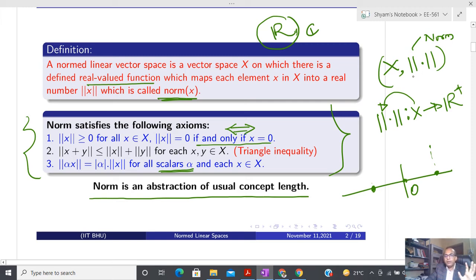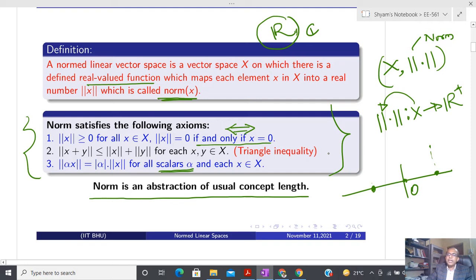Okay, now one simple question I am going to ask, and that is obvious also. Could you please tell me how many different ways I can define the norm? Anyone? Have you understood my question or not? I am saying that the norm should satisfy these three properties. So how many different ways can I define the norm? Unique or non-unique?